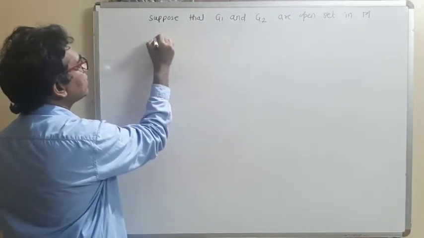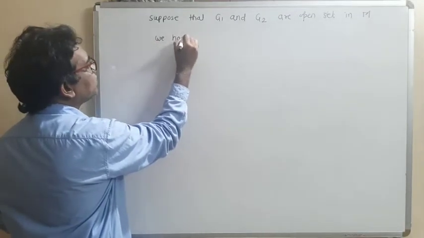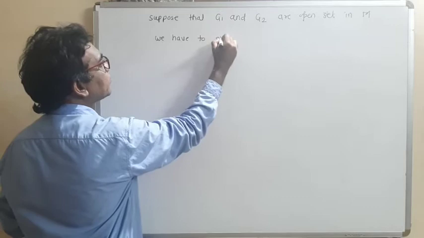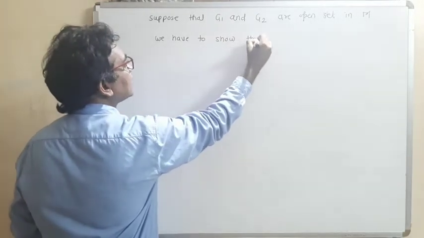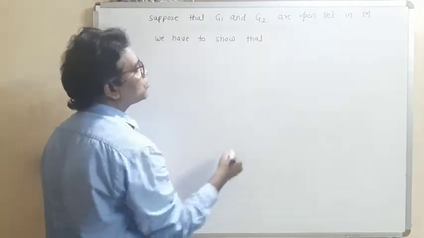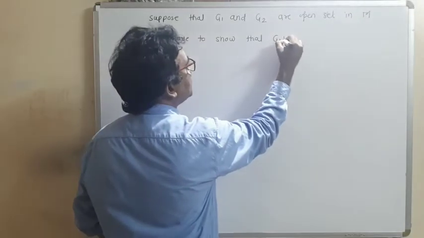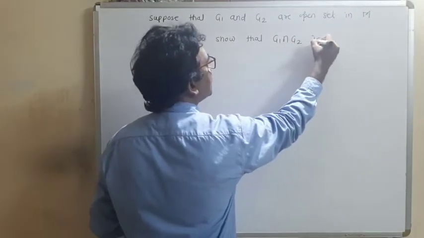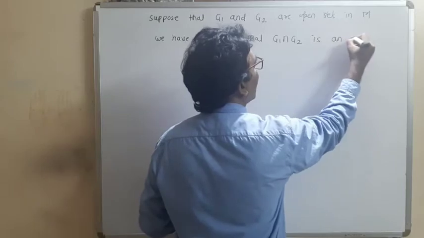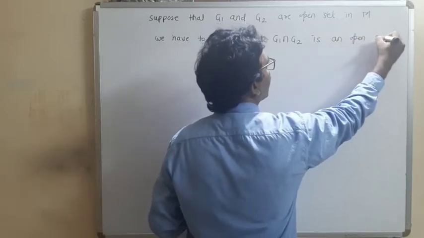So right here we have to show that G1 intersection G2 is an open set.